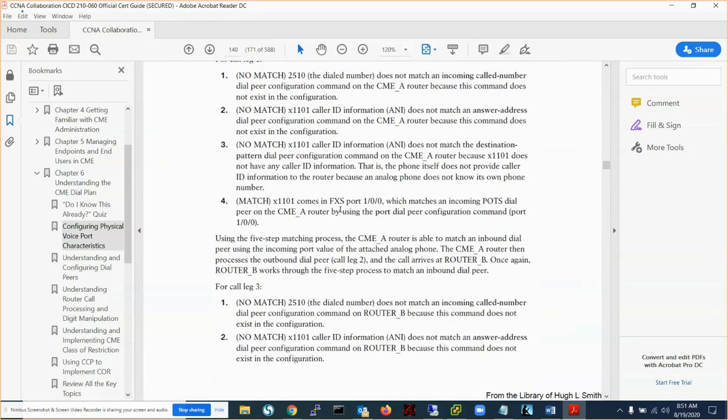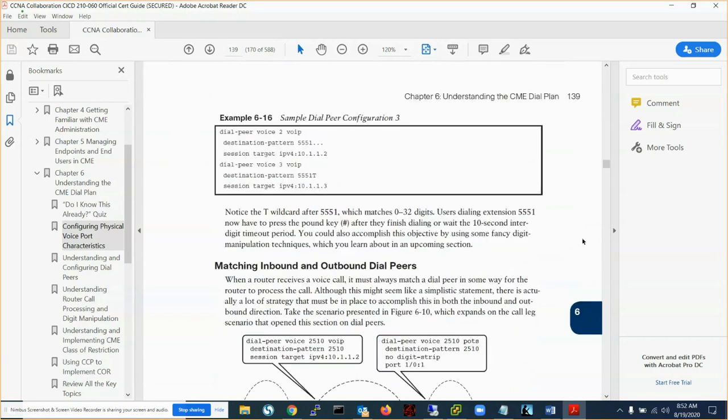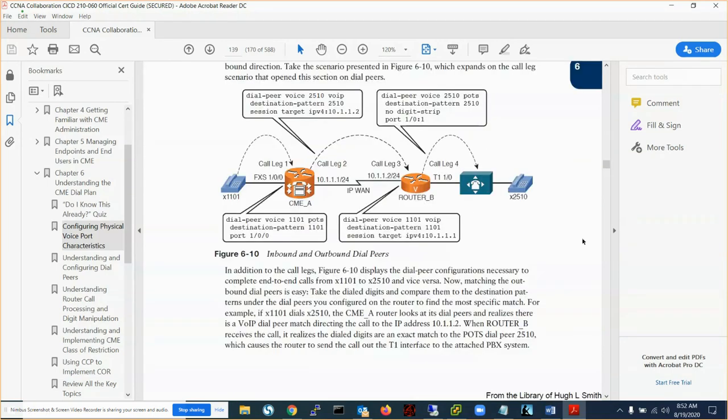It uses the port now, right? Which matches our common POTS dial peer on the CME using the dial peer configuration command. So this command is what matches the port 100, right? So this is what it uses. That's the fourth one.